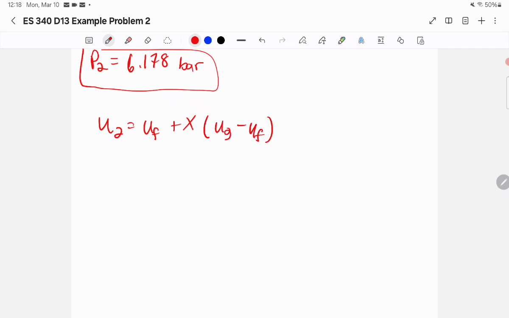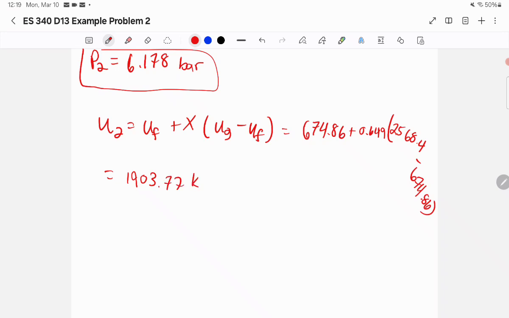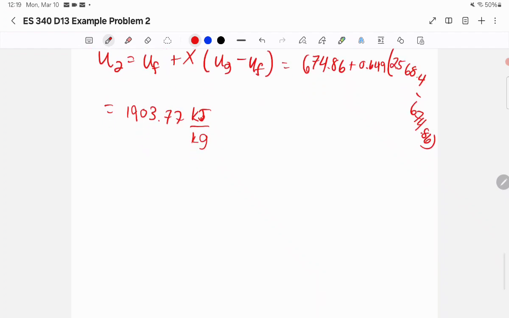And that's going to be equal to 674.86 plus 0.649 times 2568.4 minus 674.86. That gives me about 1903.77 kilojoules per kilogram.